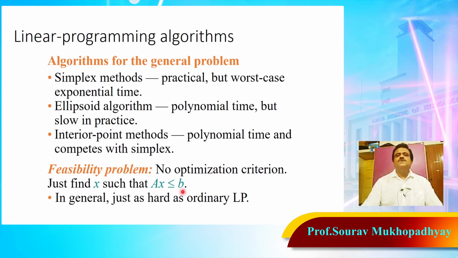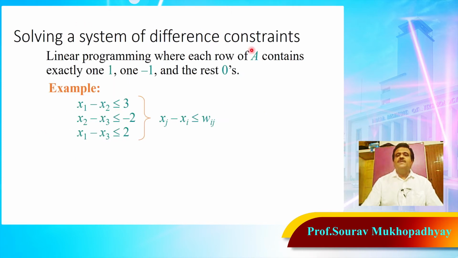We have some system of inequalities, and then we have to find the x which satisfies those inequalities, and in our case the inequalities are of a particular form. That is called a system of difference constraints.